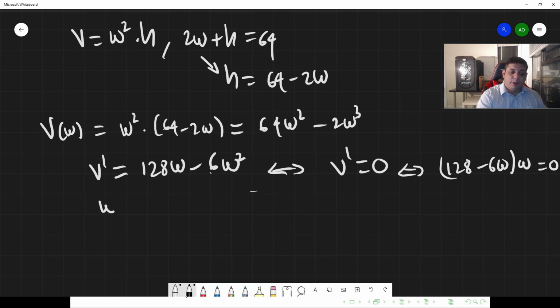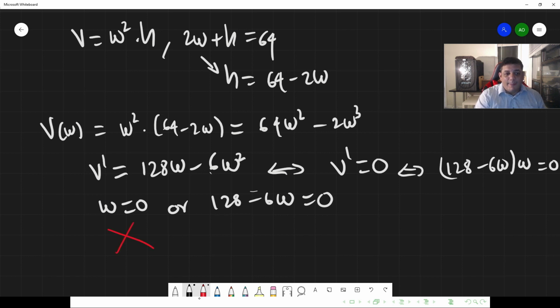That's going to give me two cases, W equals 0 or 128 minus 6W equals 0. I'm not going to follow the direction of W equals 0 because that means that we don't have a box at all. So it doesn't make sense.